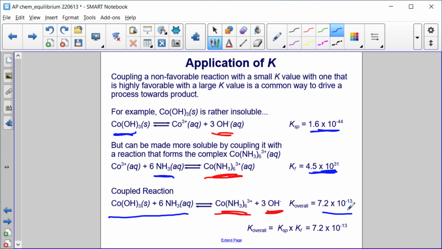And we get that value by just multiplying the first two K values. Okay, so when we combine two steps together, their overall K value is the product of the two individual K values.